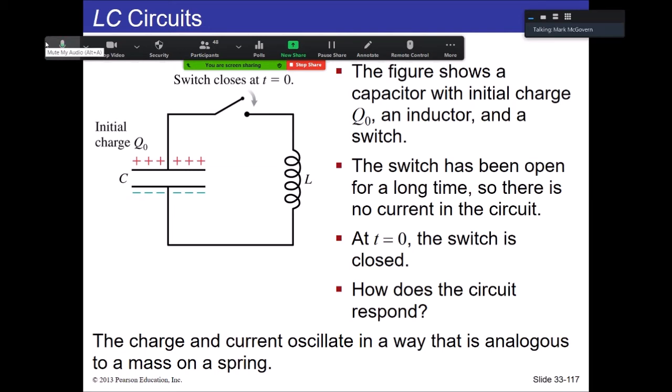Now you saw something like this before with RC circuits. We combined a capacitor and a resistor, and what that allowed us to do is to charge or discharge a capacitor over a period of time.